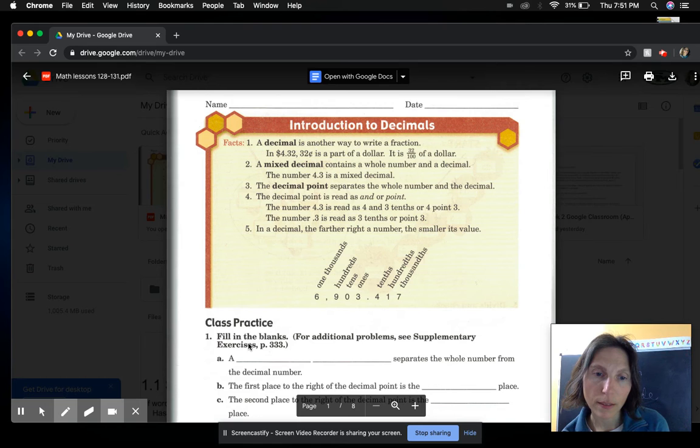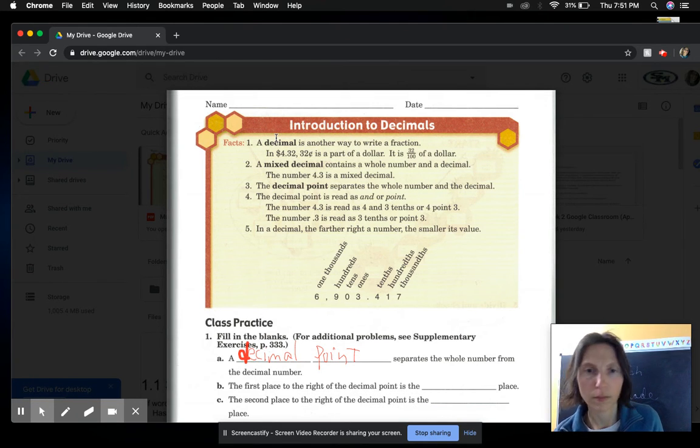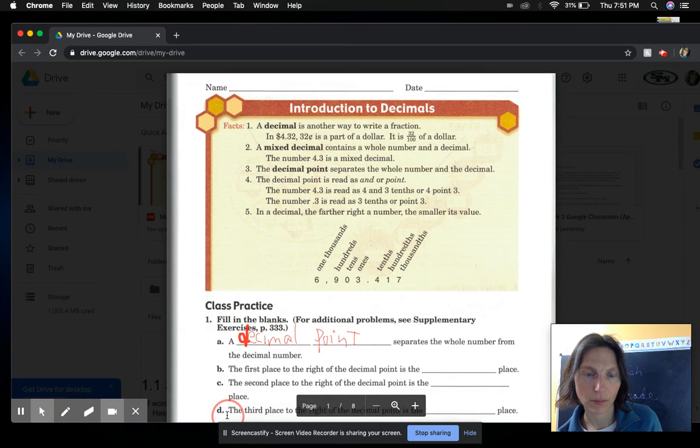A decimal point separates the whole number from the decimal number. I need to scroll this down. Okay, there it goes.